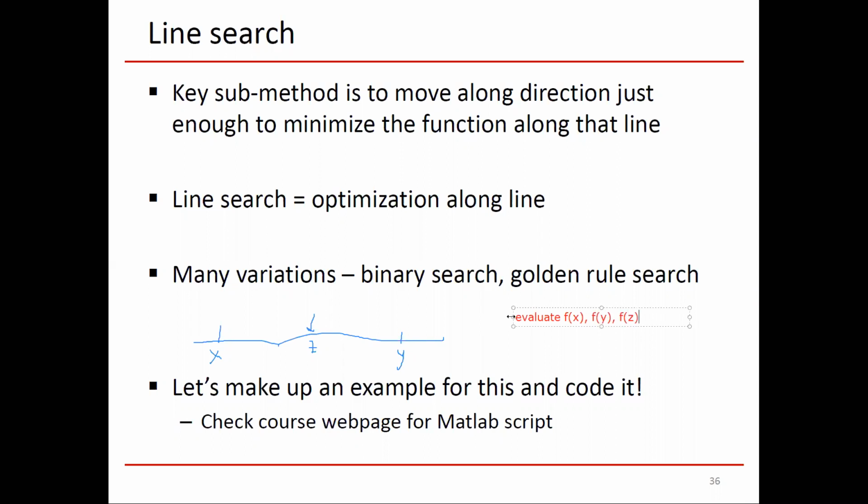and f of z. Okay, so there will be situations where, let's say we want to find the minimum. If we have a convex function, and if f of x is less than f of z, which is less than f of y, that implies that the optimal location is between x and z.